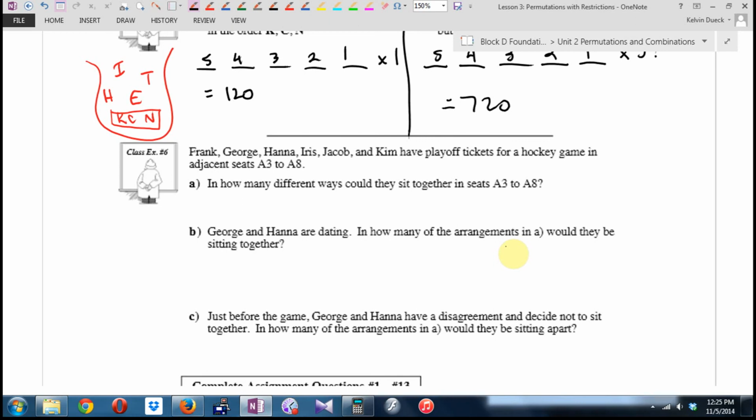Okay, you have to actually count the number of seats. Sometimes subtraction isn't the best shortcut. Sometimes you actually have to count on your fingers. A3, A4, A5, A6, A7, A8, 6. Okay? Just making sure you don't suddenly... Because I have some kids, they look at that and they go, oh, there's 5 people. Count the people. 6.